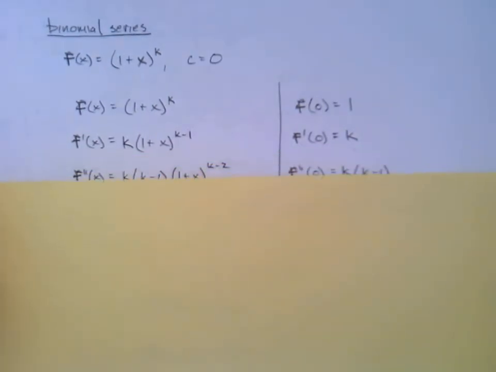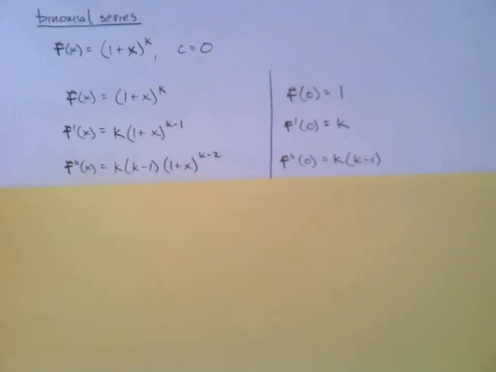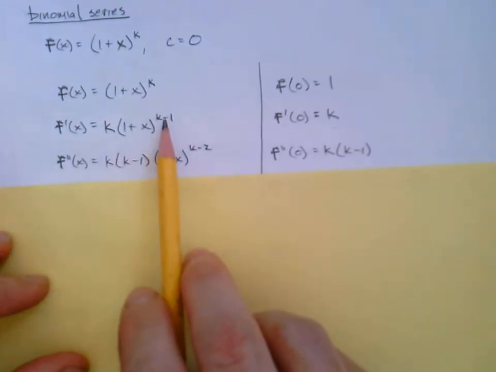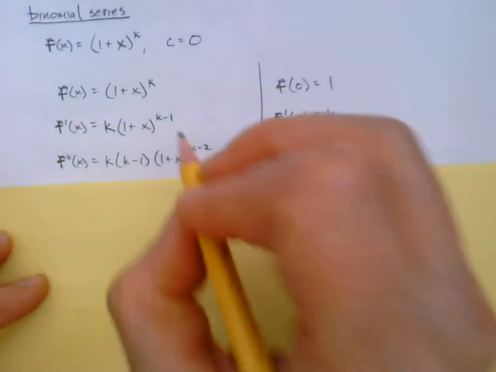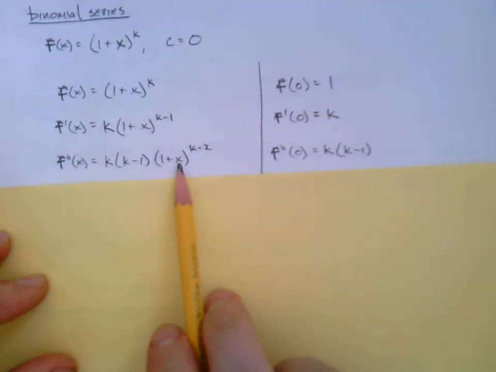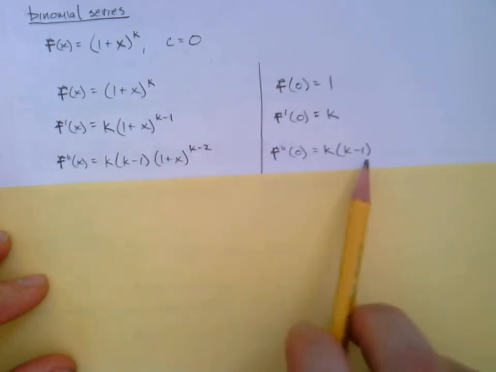If I was to take a second derivative, now we can really start to see the pattern happening over here. Another derivative, well, I would multiply the k minus 1 down, and it would drop to the k minus 2. Plugging in 0 for x, well, that is all just going to be 1, so I've got k times k minus 1.